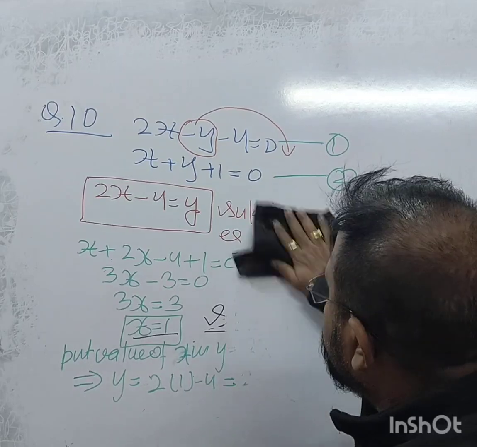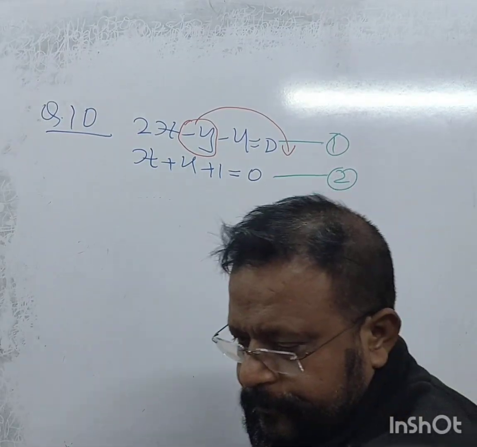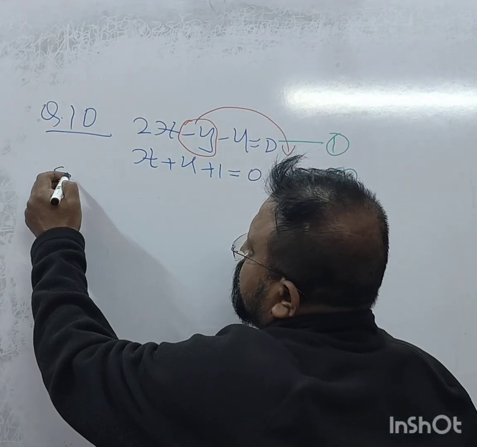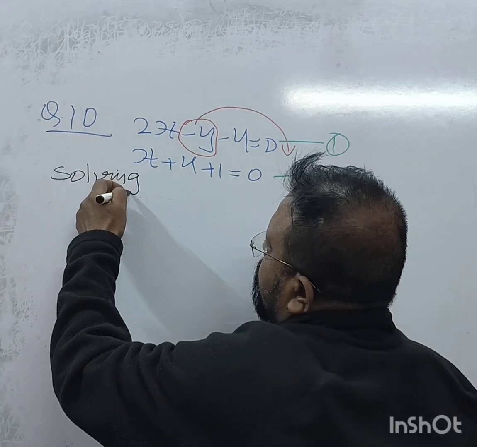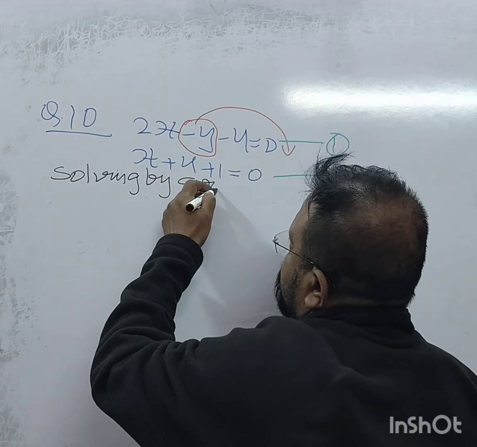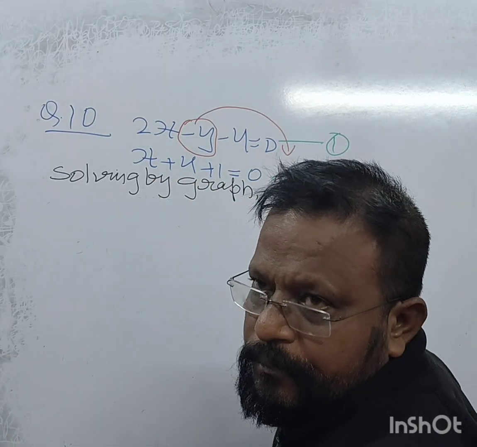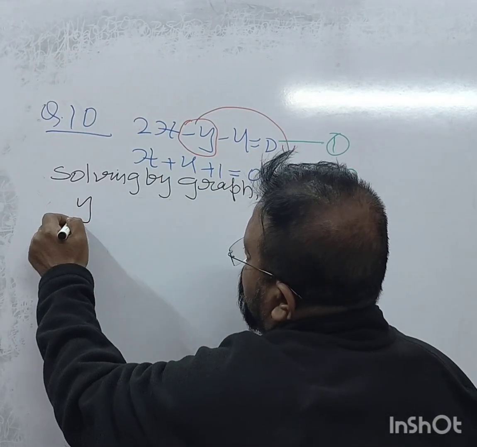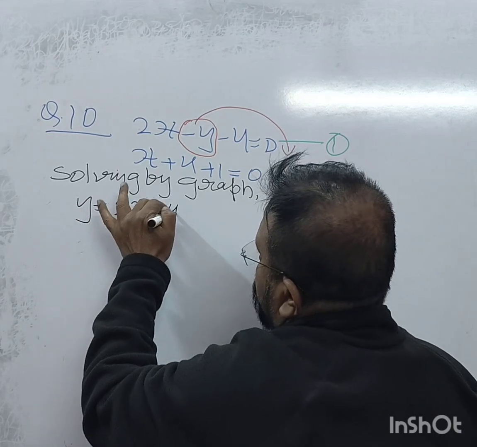Solving by graph. Again we take y is equal to 2x minus 4.